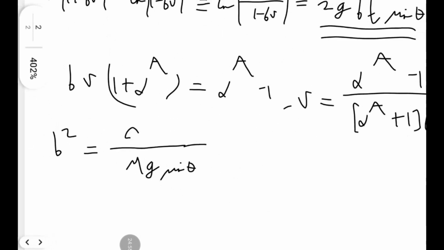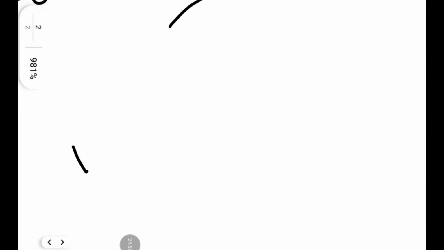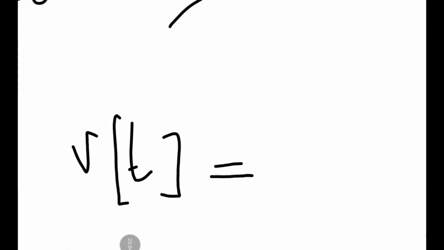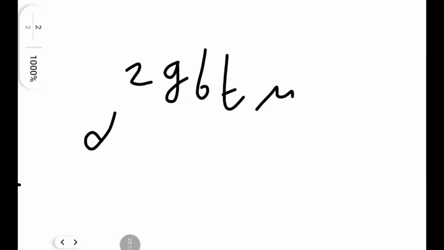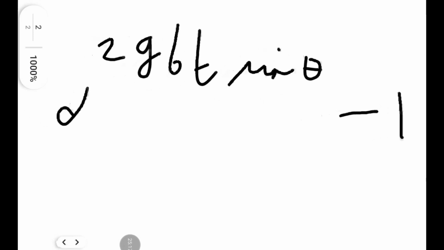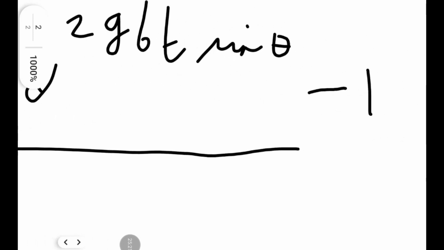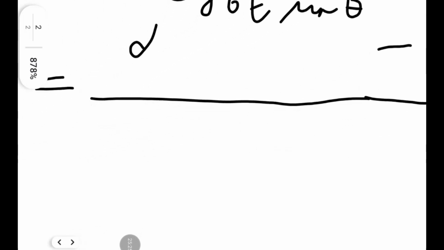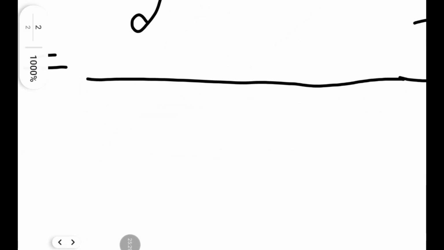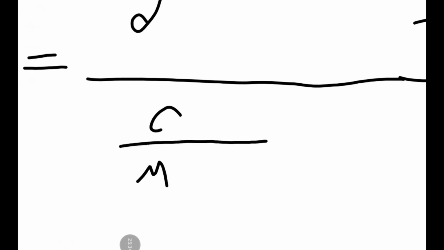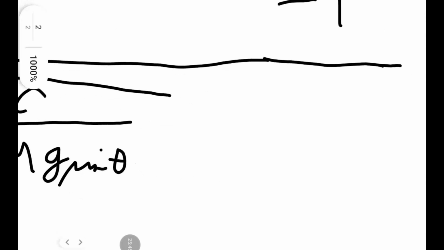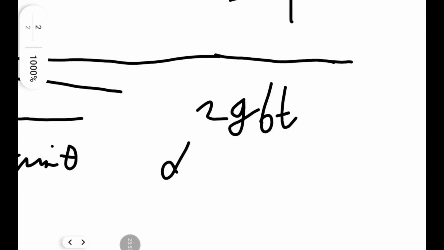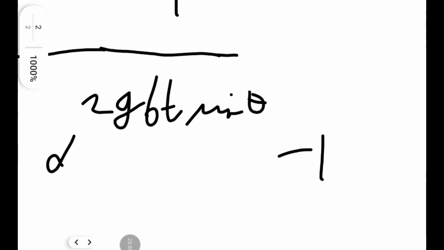So all we have to do is put it in, and we get a final result of velocity as a function of time equal to e to the power of 2g bt sine of theta minus 1, and then over, a bit further, b, remember, is going to be the square root of c over mg sine of theta, like that, and then e to the power of 2g bt sine of theta minus 1.